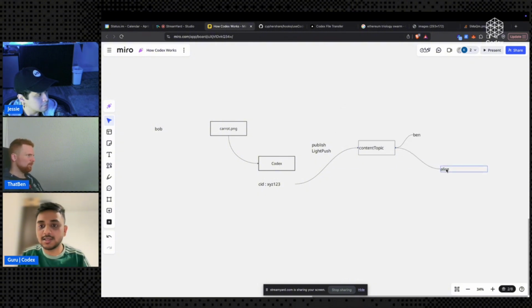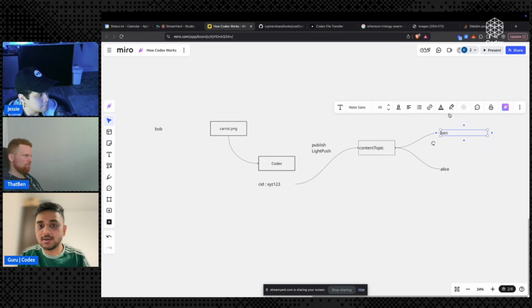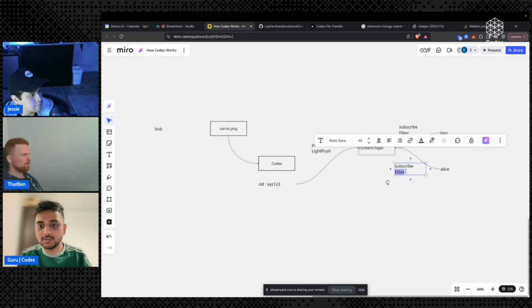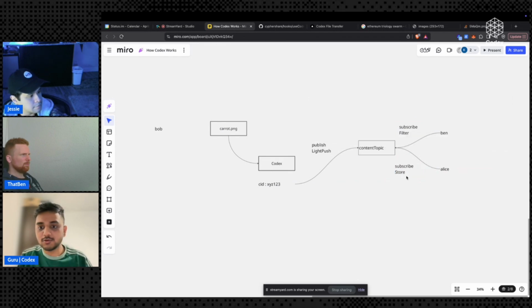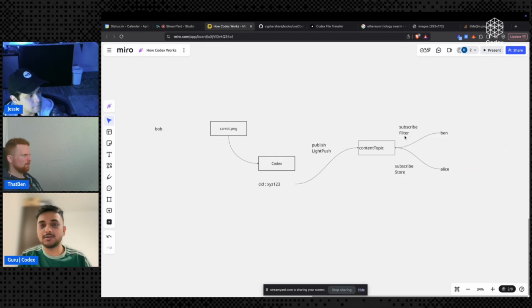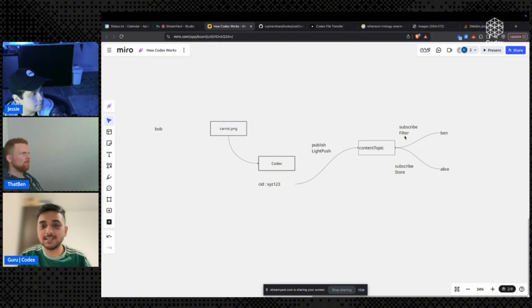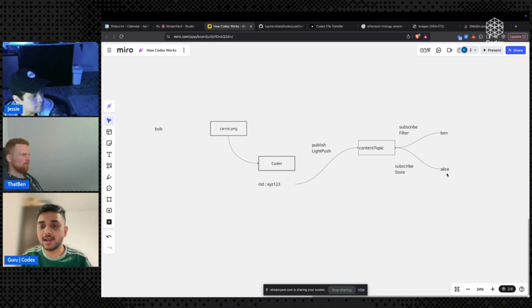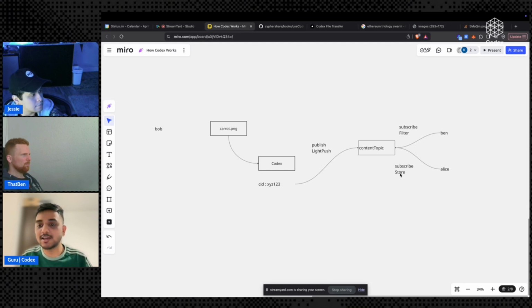So in this case, let us assume Ben is using filter and Alice is using store. The difference between filter and store over here is filter is more for ephemeral communications where there's no storage or caching involved. And for Alice, this is going to be store, where there's a caching layer involved.